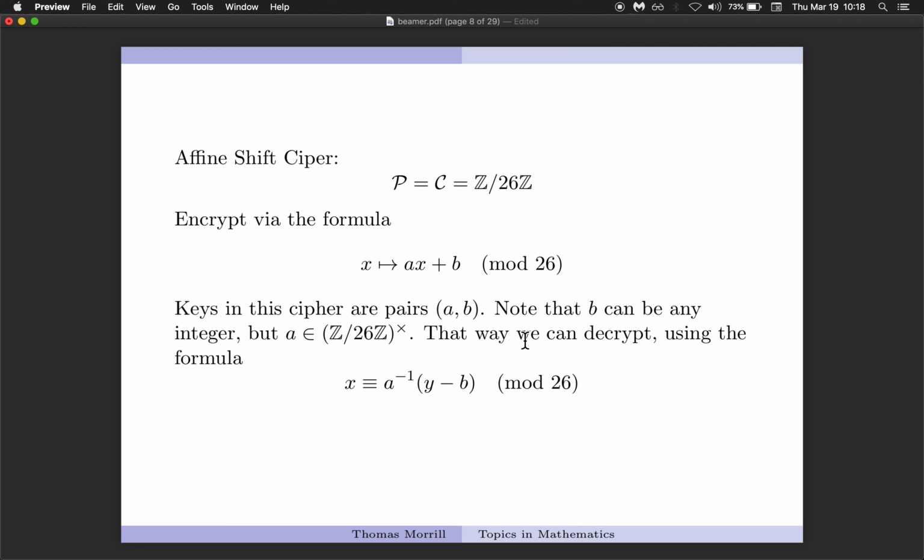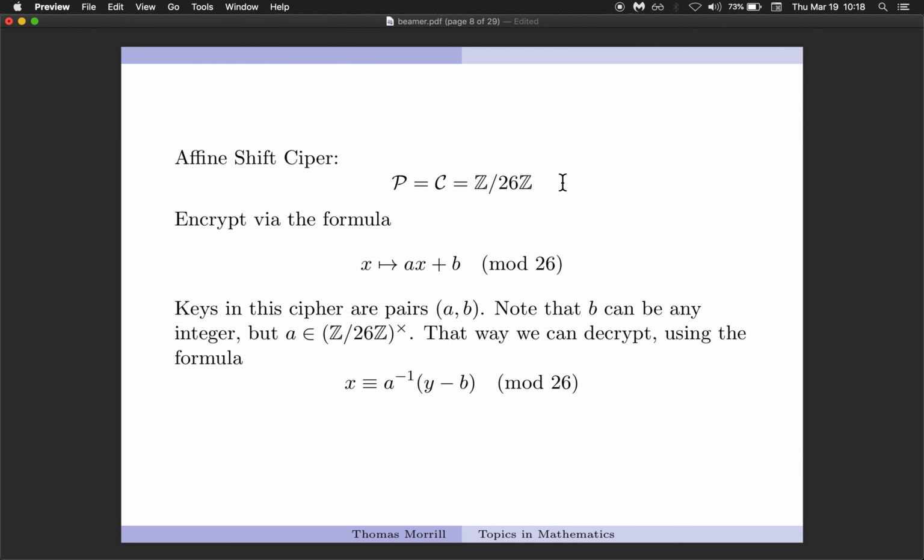So one example of a cipher based on modular arithmetic is the affine shift cipher. So I'm still in the business of changing letters into other letters, although now I'm thinking of my letters really as residues modulo 26.